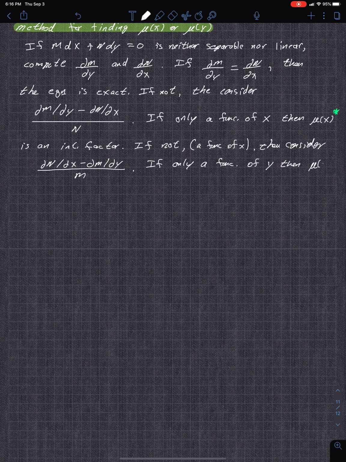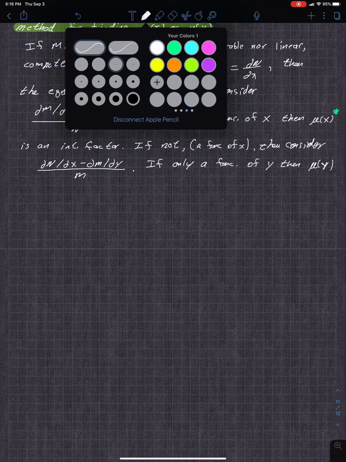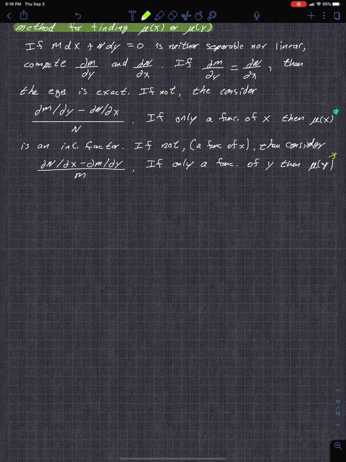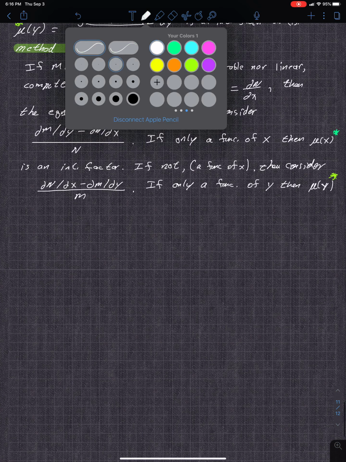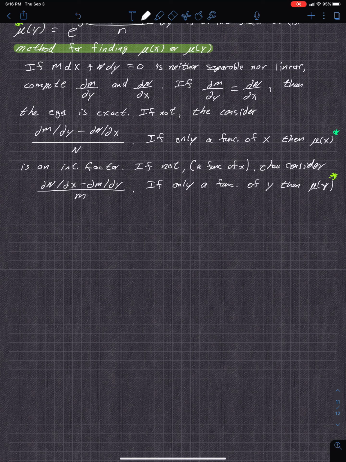Now you have to actually calculate mu as described above, and then this one is an integrating factor.